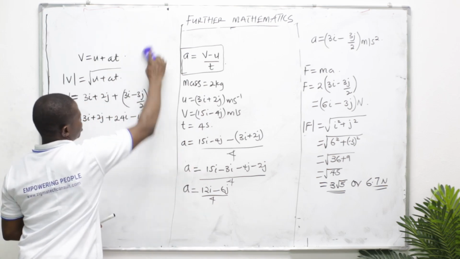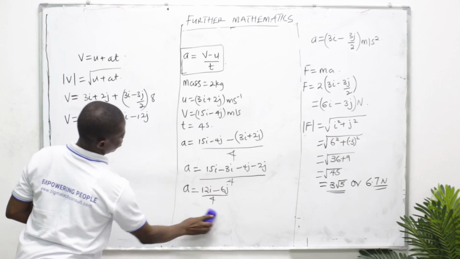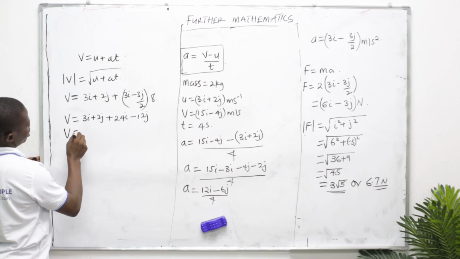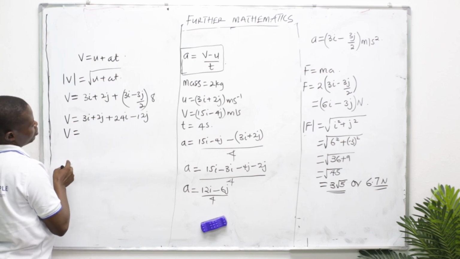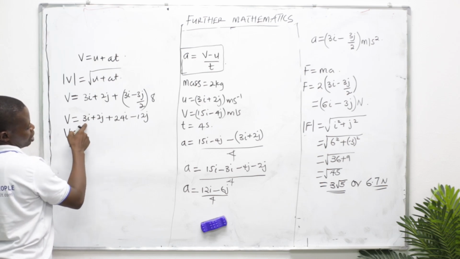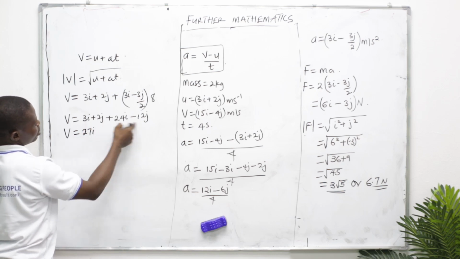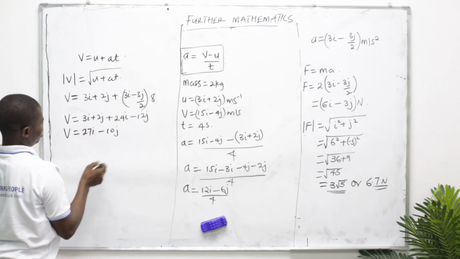By the way, our business here is to get the magnitude of this velocity. 3i plus 24i is 27i. This minus 10j.